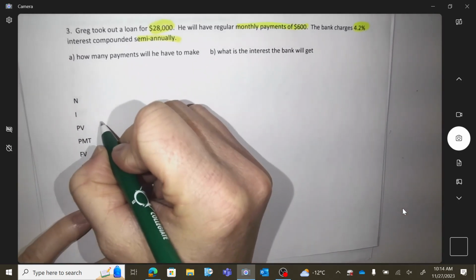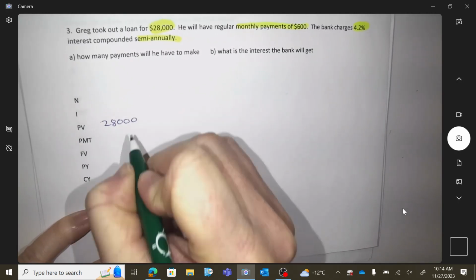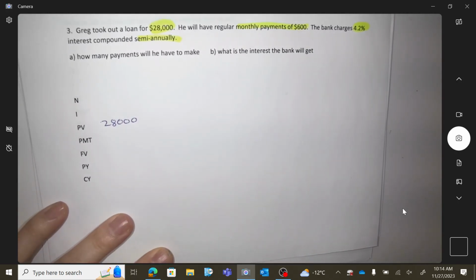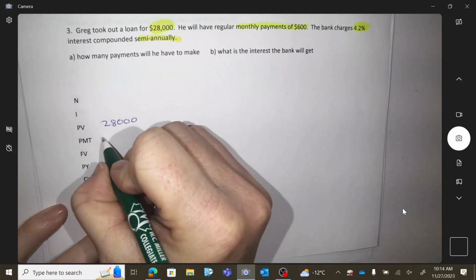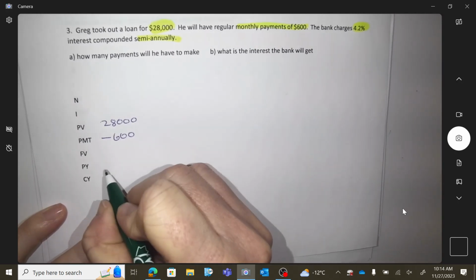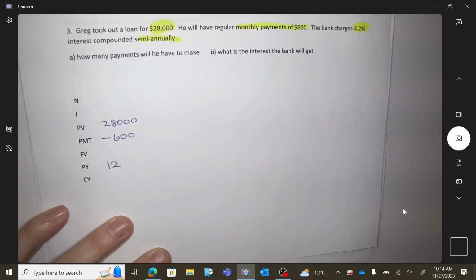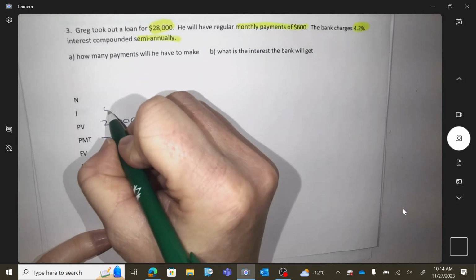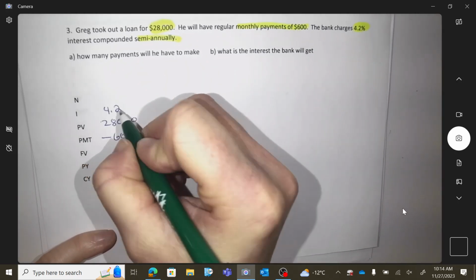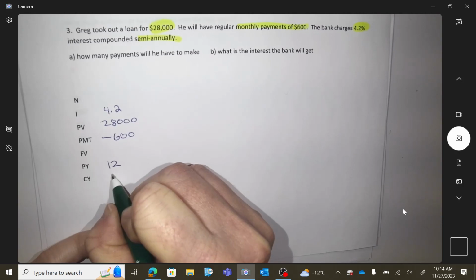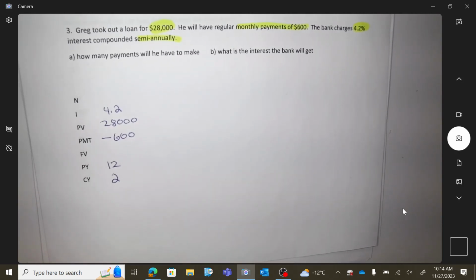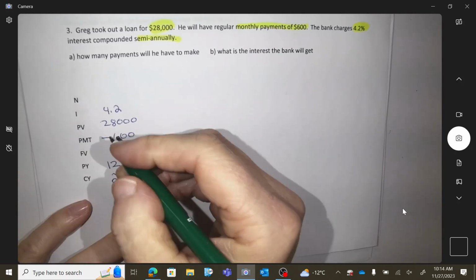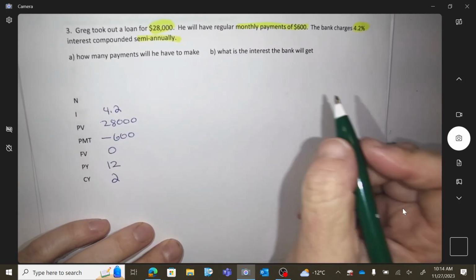Okay, so give me a 28,000 present value, a negative 600 payment with 12 payments per year, the 4.2 interest rate, compounded semi-annually, and future value 0.